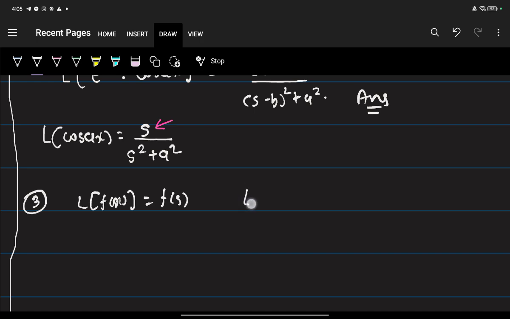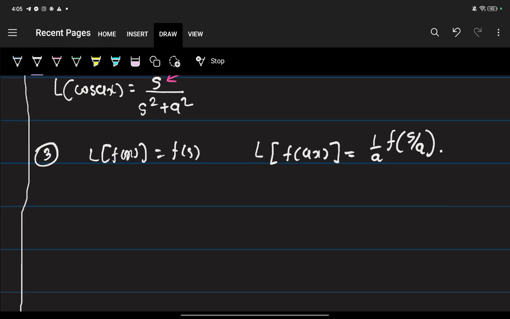The Laplace transformation of f of ax is 1 by a multiplied by F of s by a. Again, Laplace transformation of f of ax is nothing but 1 by a multiplied by F of s by a.